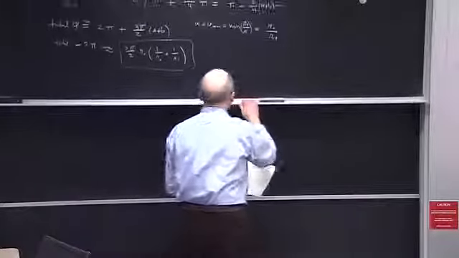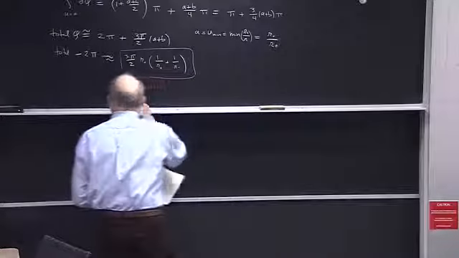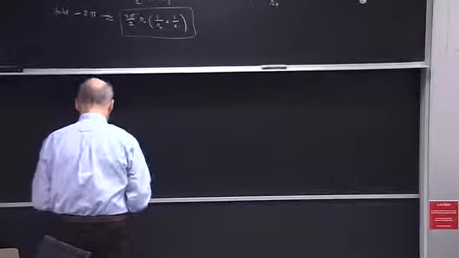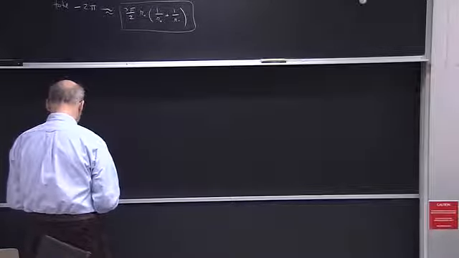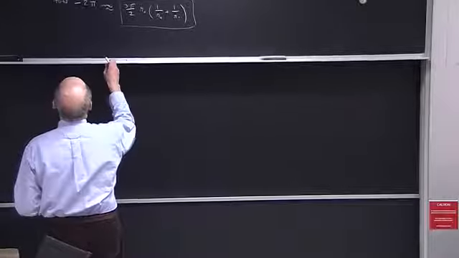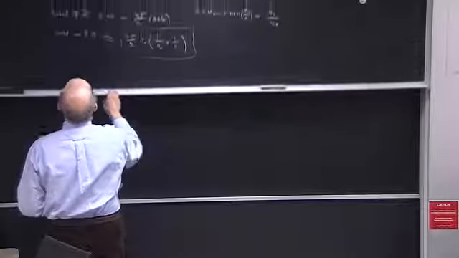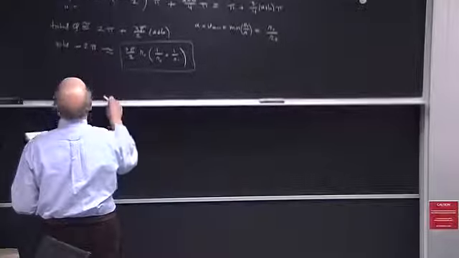Now we want to go back and do the same thing for light. So let me recall the equation we had before, this equation that you see at the top.